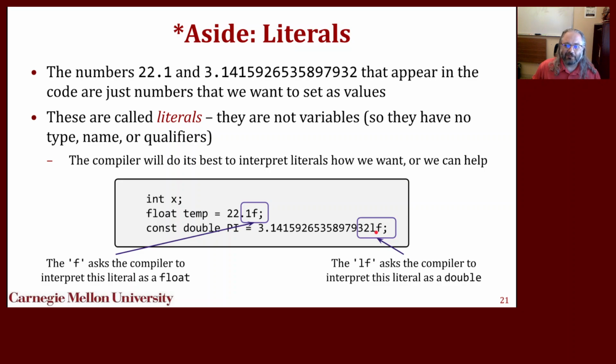This helps the compiler to get sort of your intentions of what you want it to do with these numbers. Now, you don't have to do this. In some cases it helps, in some cases it doesn't, but this is something that's supported by the language when you're using literals and incorporating and interpreting those literal values as the values of variables. And there are many of these depending on what your variable type is.